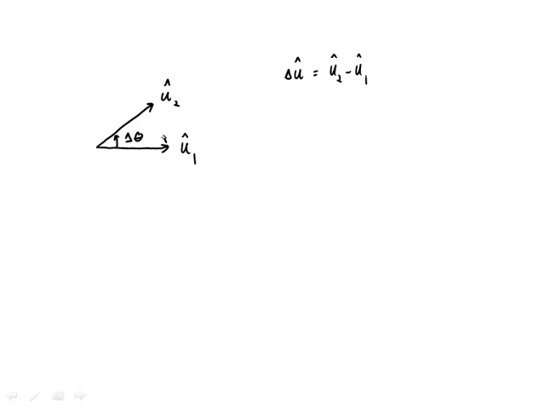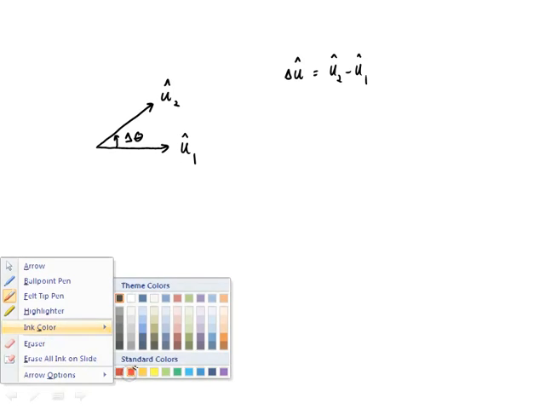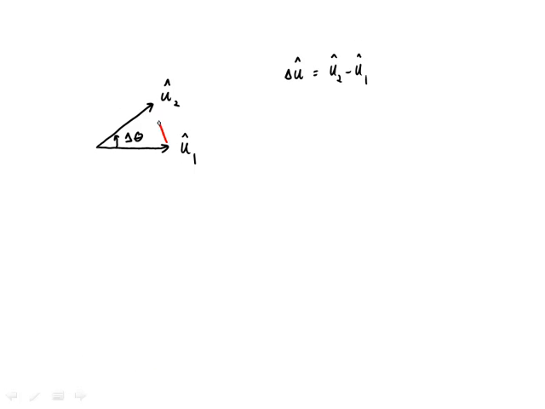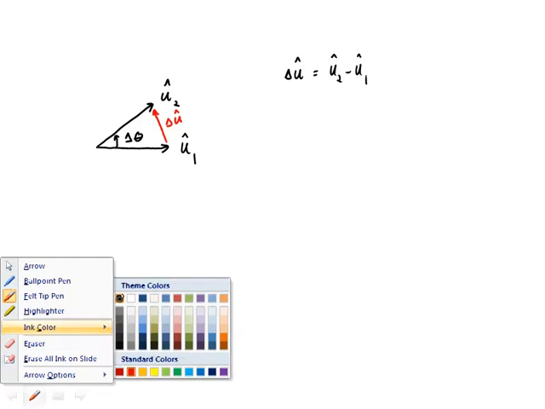And so here is another vector. Let me actually do this in red. There's another vector leading from u1 to u2. And I'm going to call this delta u hat.